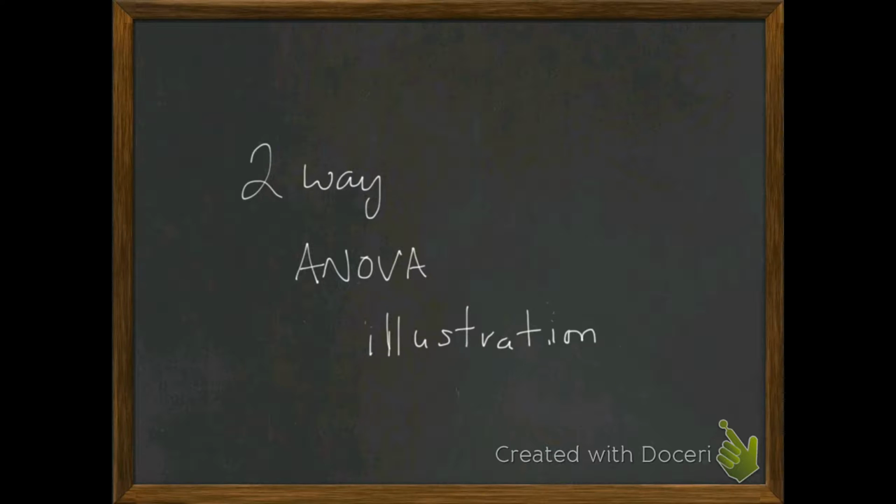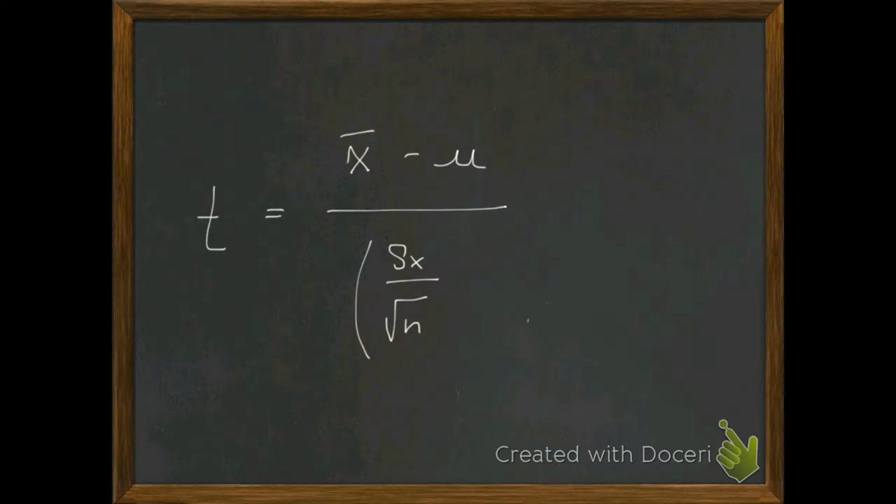Now let's go back here and keep it really, really simple. Let's think back to the good old days when we just had a test statistic of something of this nature. That's about as simple as it could get, just for a one sample t-test.